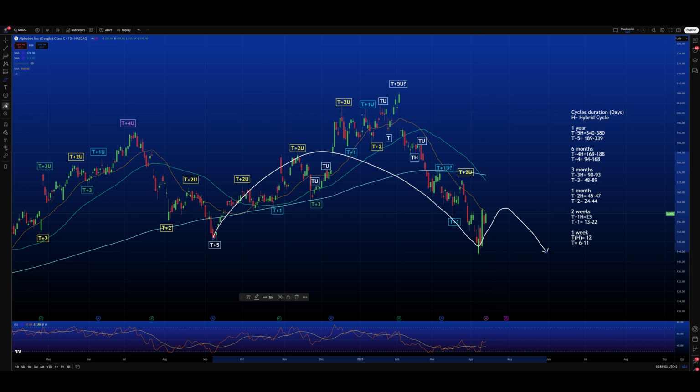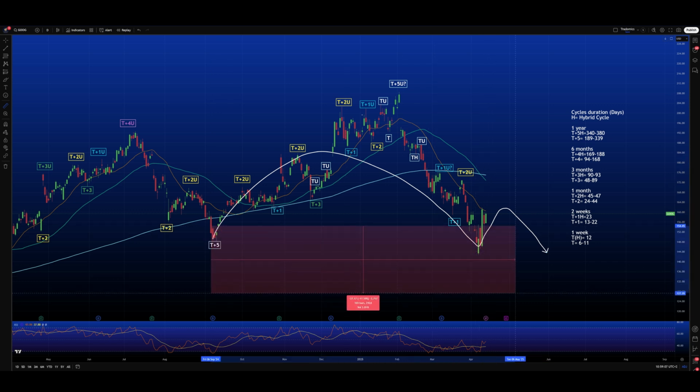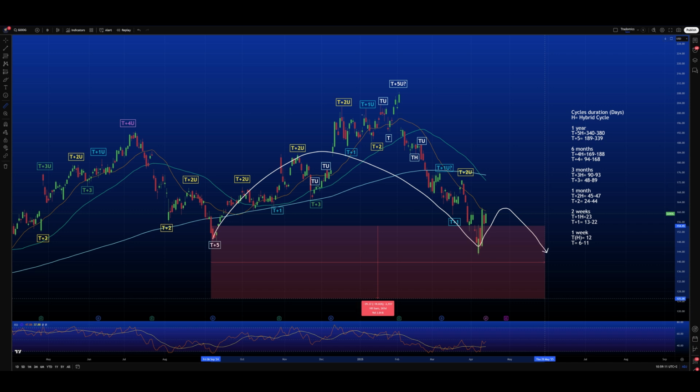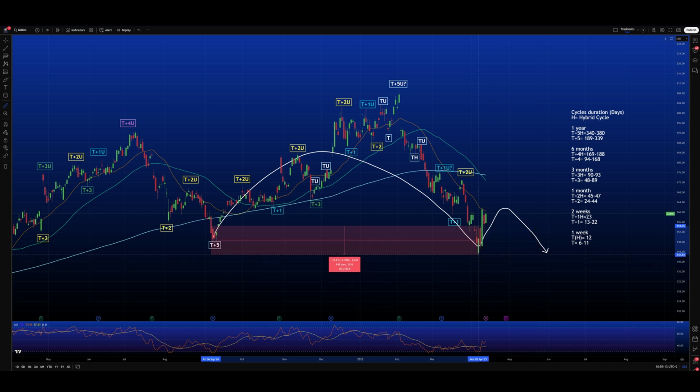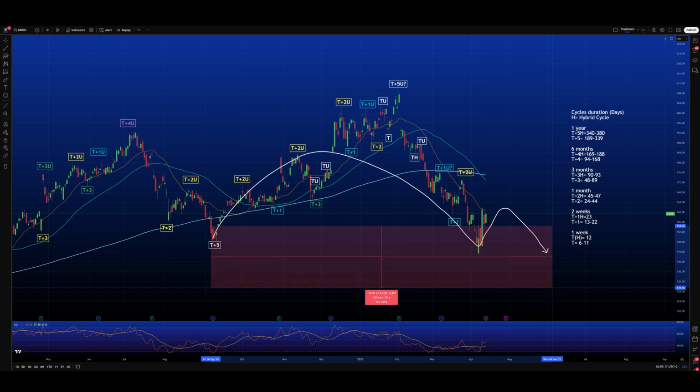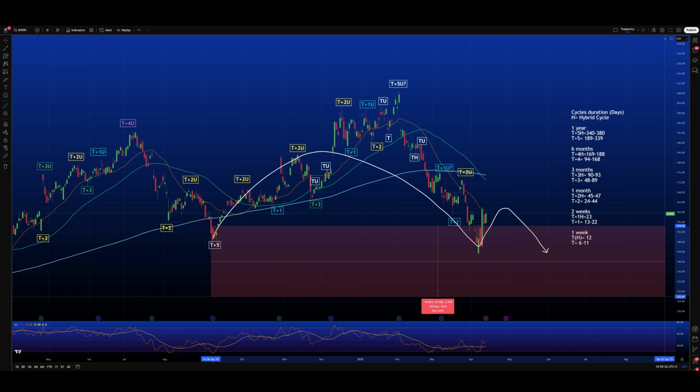How long can we expect this move? Well, the minimum duration is 189 days. Therefore, this bounce back to the upside and return to the absolute lows, so lows that are lower compared to this point, is 189 days. So we can expect it by the 10th of June 2025 at least, or at most we can expect this move.